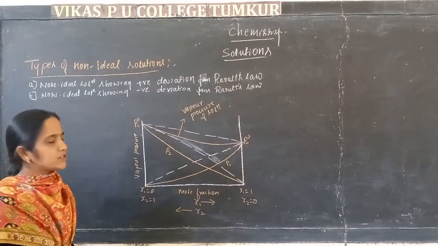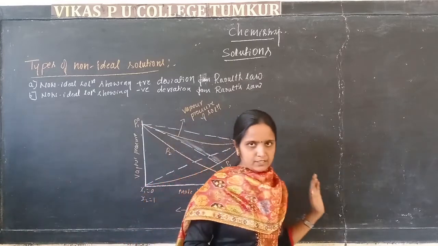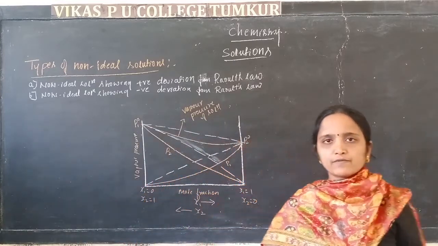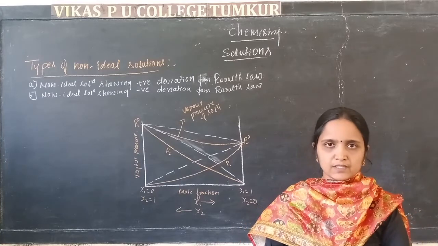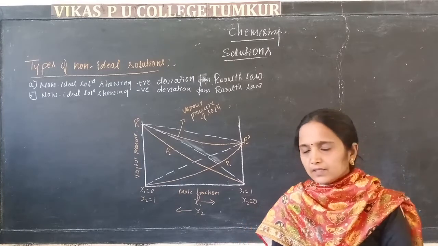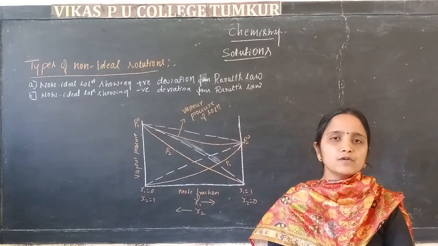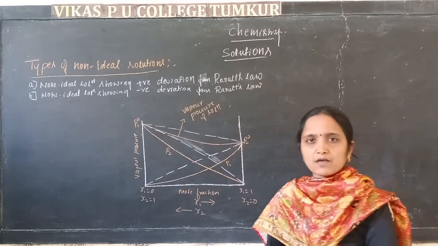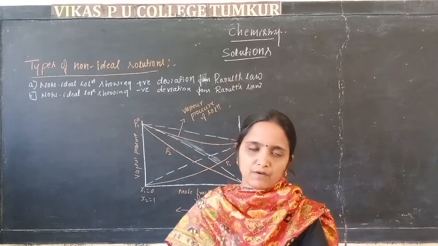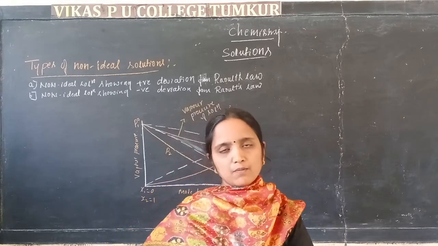The characteristic of the non-ideal solution which shows the negative deviation from Raoult's law is that the measured vapor pressure of the solution is going to be less than the sum of the partial pressures of the components, the sum of the partial pressures of the two components.